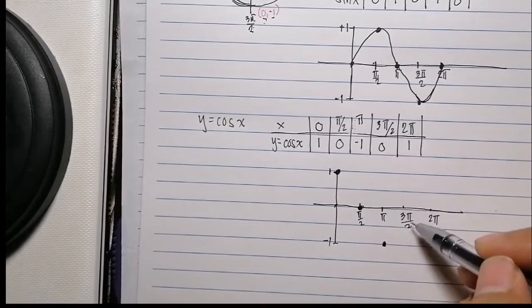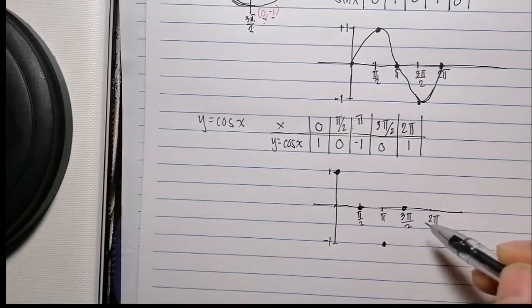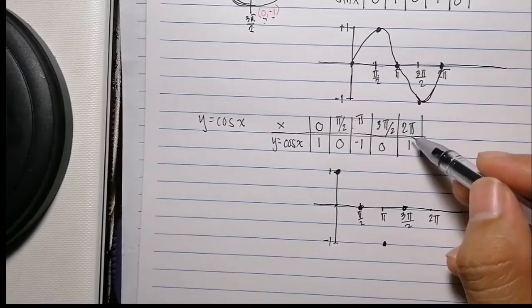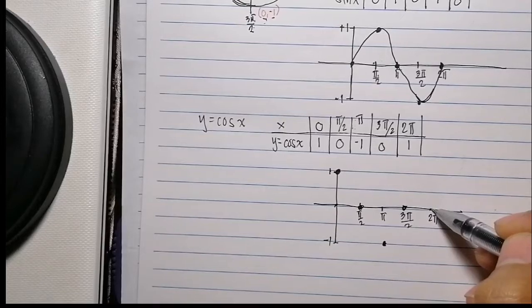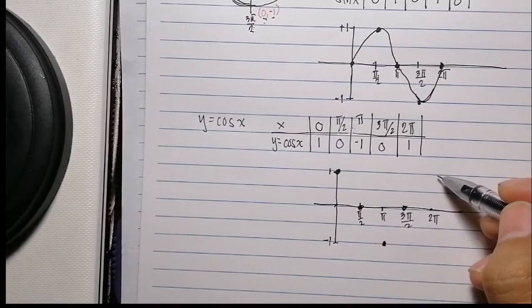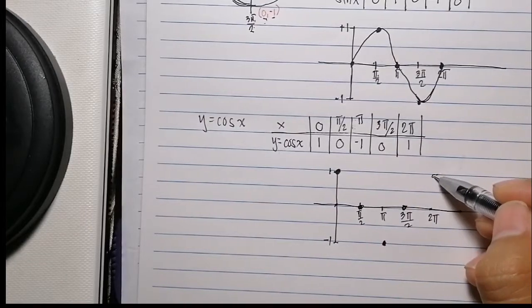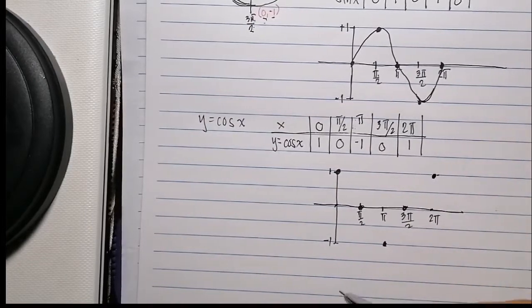3 pi over 2, that is 0. And 2 pi is positive 1. Right?